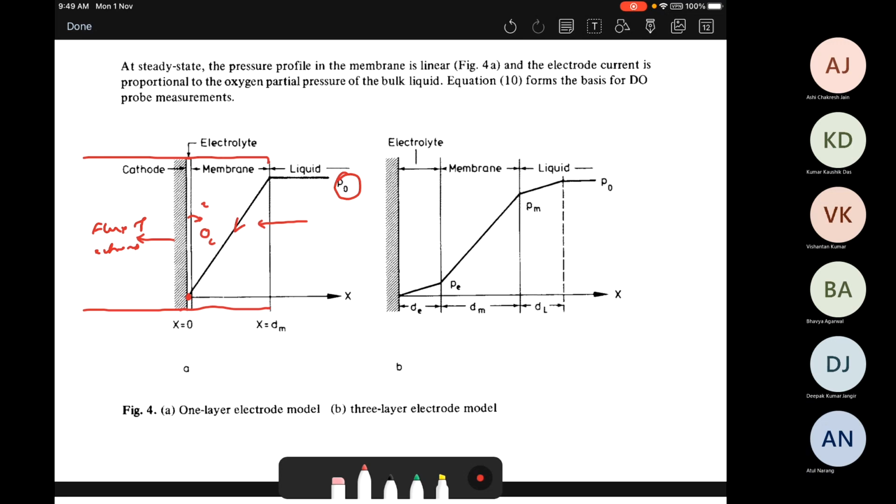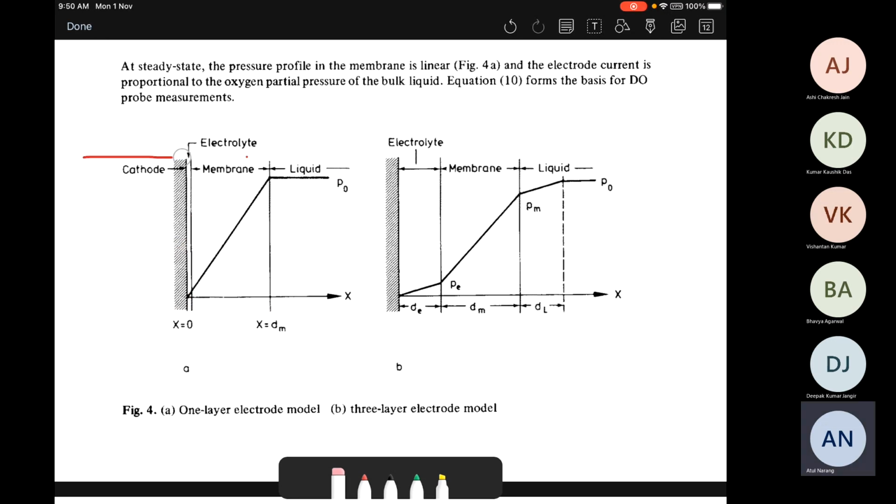I'm drawing it the wrong way; there should be flux of electrons going to the oxygen. This flux of electrons is directly proportional to the flux of oxygen, and the flux of oxygen is proportional to the concentration over here. That's the basic idea behind the dissolved oxygen probe. So that's the device used to measure the concentration of oxygen in the liquid phase.